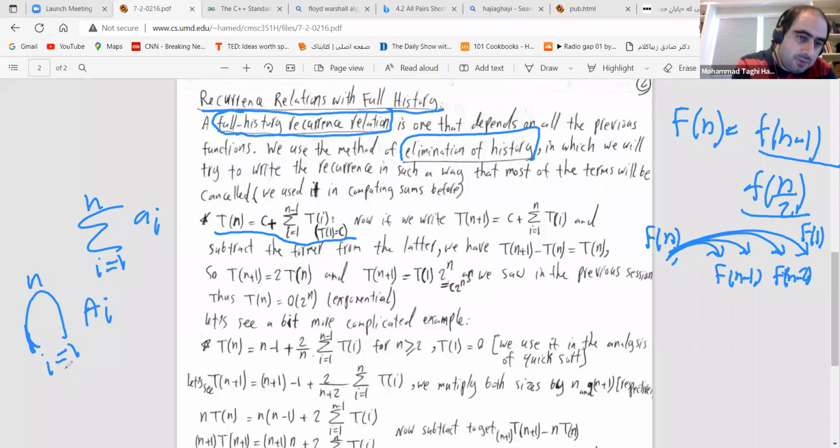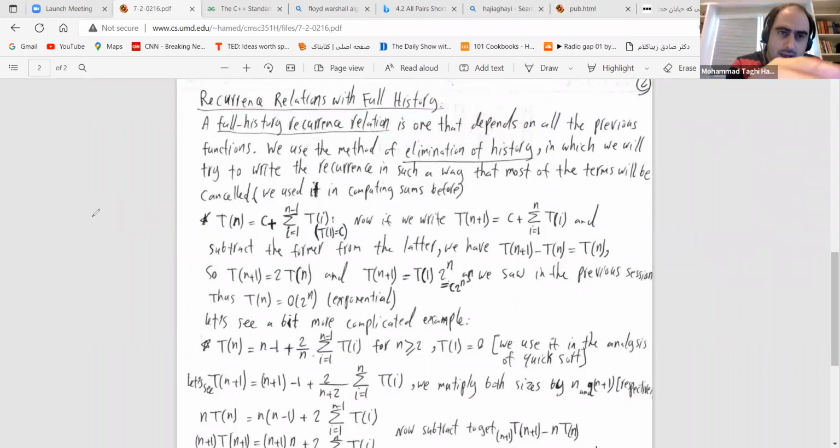Or you may have the same formula with the union of them. So we have this general way of writing it. If this is a product, we may also write it as a pi, for example. Or other things.